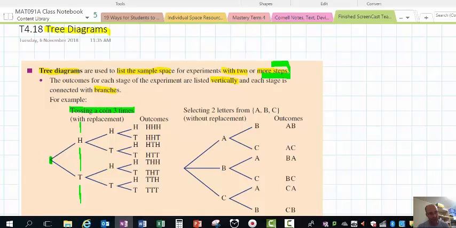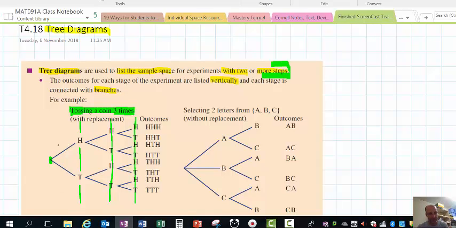So you always start at the beginning of a branch and then it branches out. In this case there are 2 alternatives on the first time you've tossed the coin, so that's the first stage, and it could be head or tail. In the second stage you can see the outcomes are there, and this is 3 times, so the third stage is written here. Let's read this through.